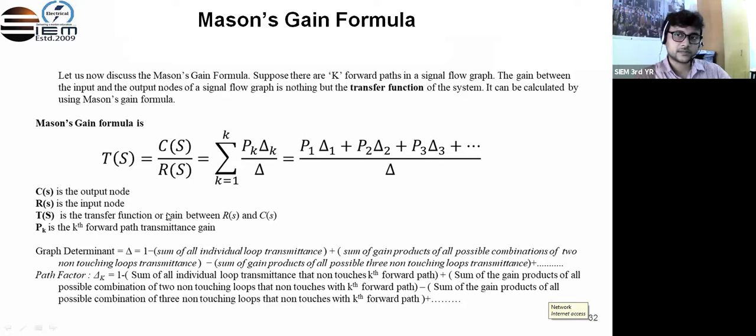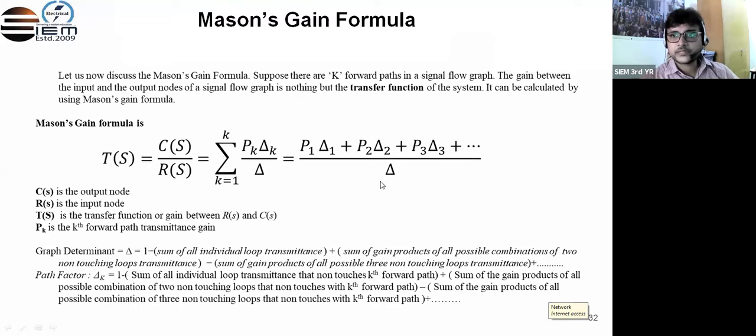So this is the transfer function or gain between R(s) and C(s), and Pk is the kth forward path transmittance gain. P1 represents Δ1, P2 represents Δ2, and P3 represents Δ3, which depend on forward path 1, forward path 2, forward path 3, and so on.